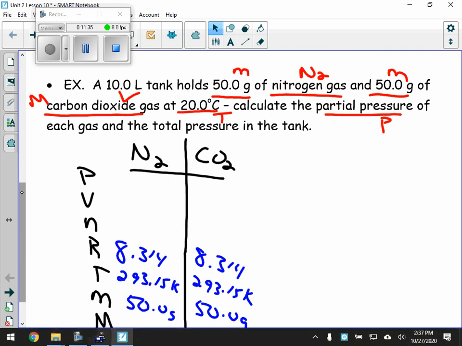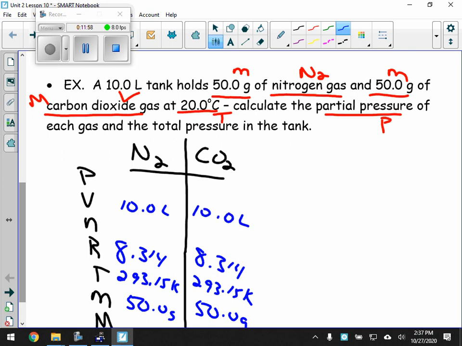To the container that they're in. Okay? So, again, I'll ask you this. What should I put down for the volume of those gases? 10 liters for both. Okay? So, the volume here is going to be 10 liters and 10 liters.